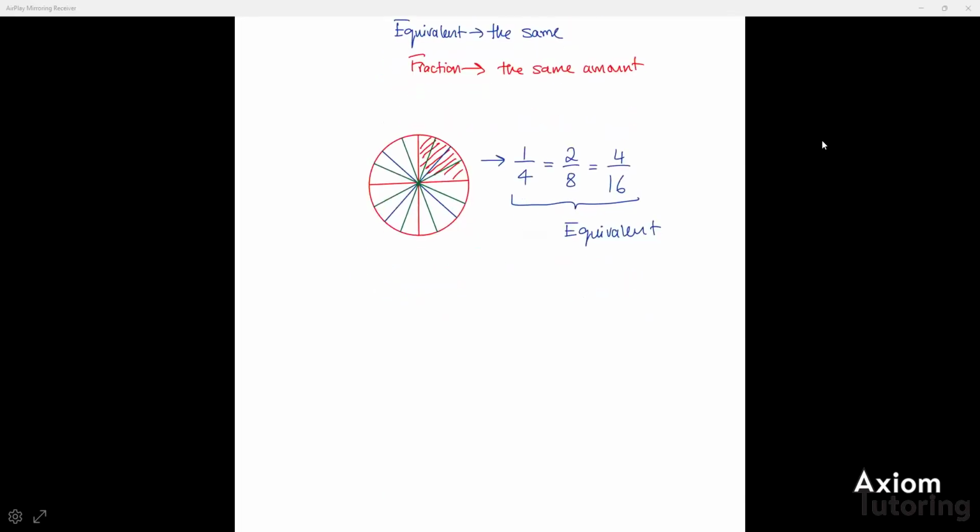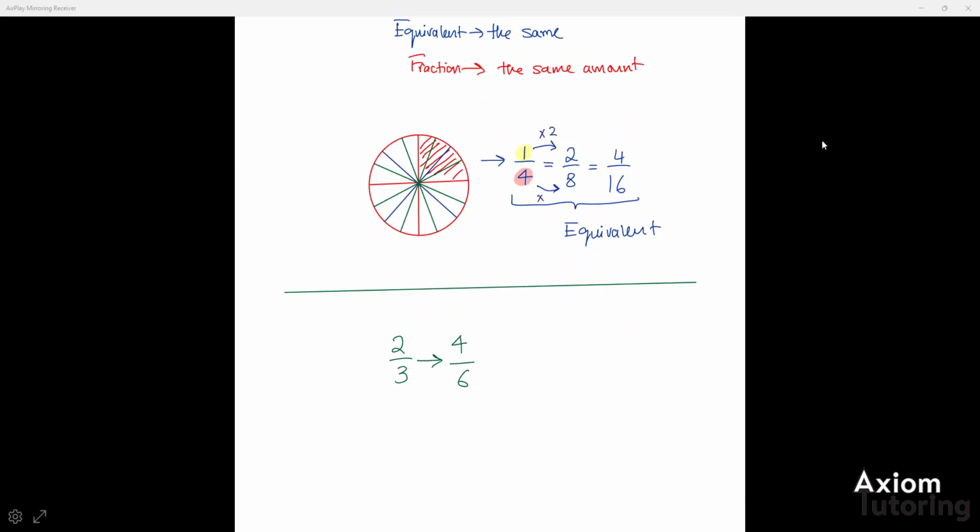How do we take a fraction and make a fraction equivalent to it? So if we have 2/3, a fraction equivalent to that could be 4/6. Because to go from one fraction to an equivalent fraction, you have to multiply the top number, which is the numerator, and the bottom number, the denominator, by the same number.